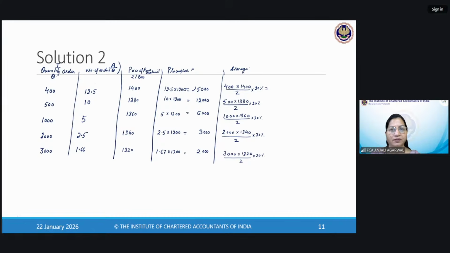So 1,400 into 400 divided by 2 into 20%: 56,000.